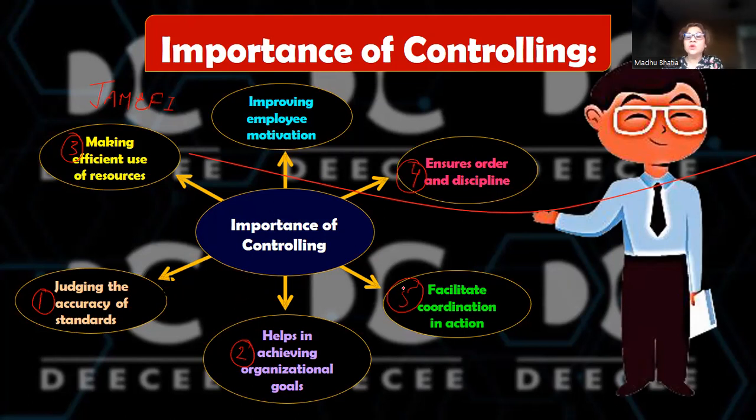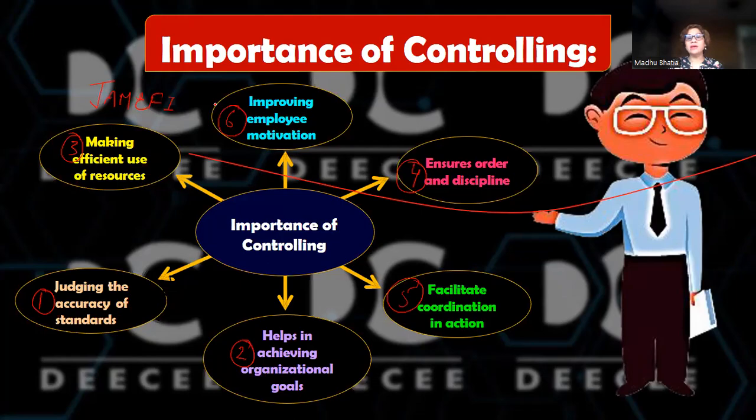So it makes the coordination between the planned performance and the actual or the set performance possible. And the last one is improving employee motivation. How does it improve employee motivation? Because it ensures that if the people are following the deadlines, if the people are working as they were supposed to work, this will reflect in their performance appraisal report.